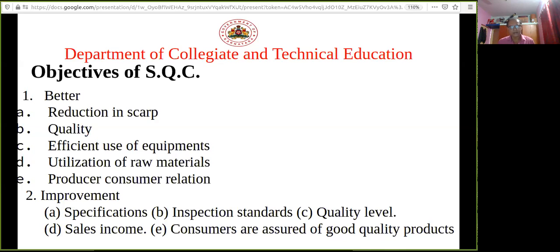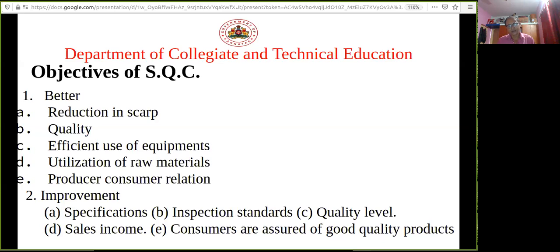So he will not select a product from an ordinary company, because he has the guarantee that the top companies are going to manufacture quality. That's why there is a relationship between producers and the consumers. Because of the good relationship, naturally the sales income of the product will increase, or we can improve the sales income of the products.